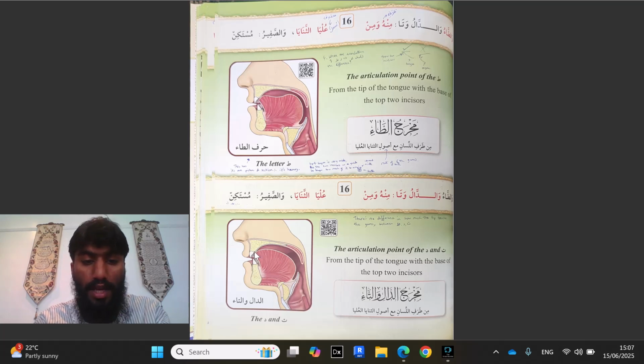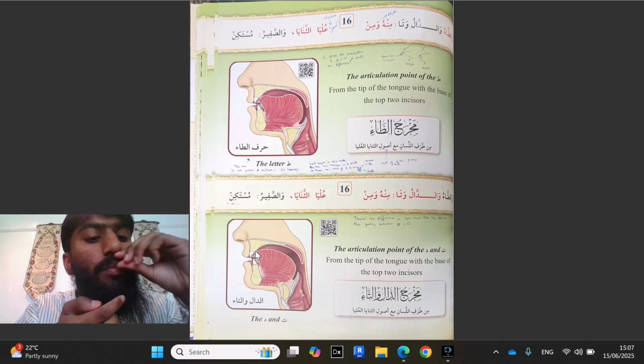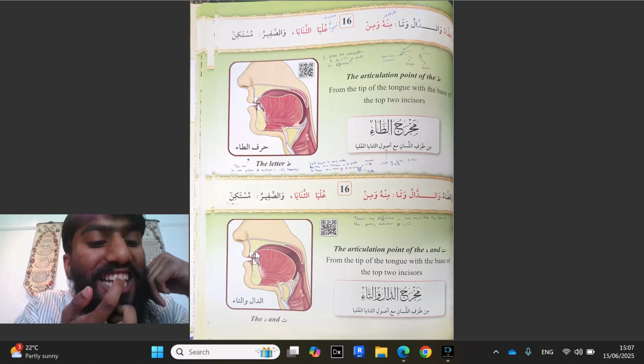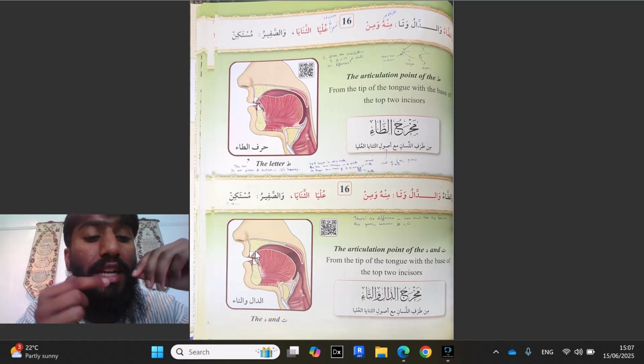Okay, so ta and dal also from the root of the teeth, and you'll see that it's basically like this. If you look here, where those gums meet the teeth, right? Just the other side of that is exactly the same.